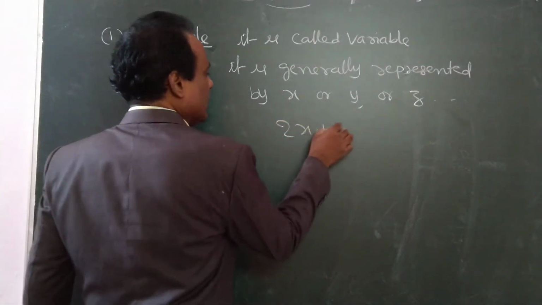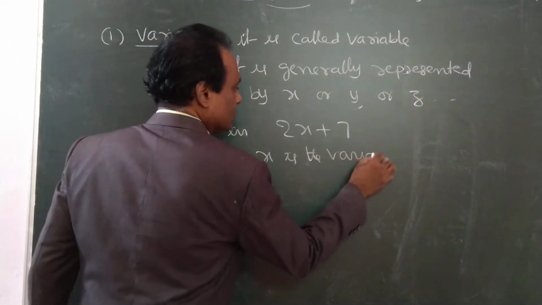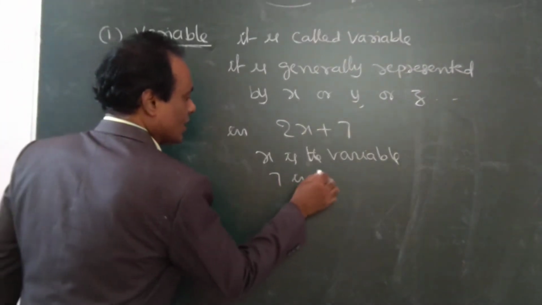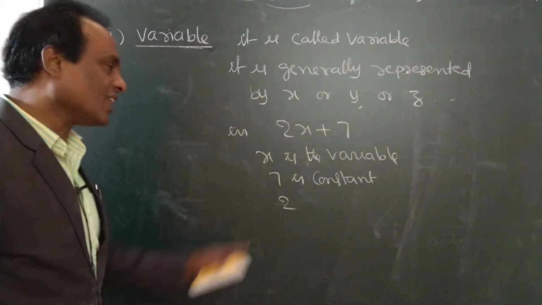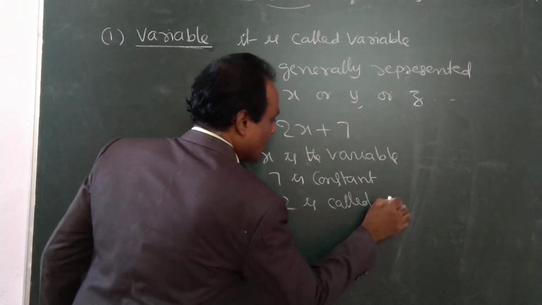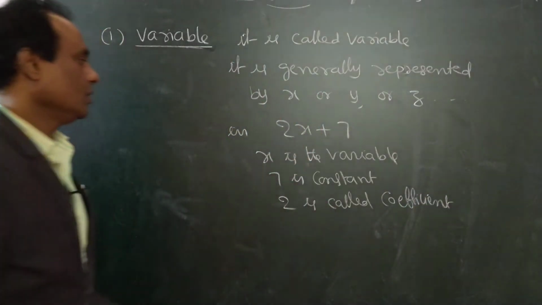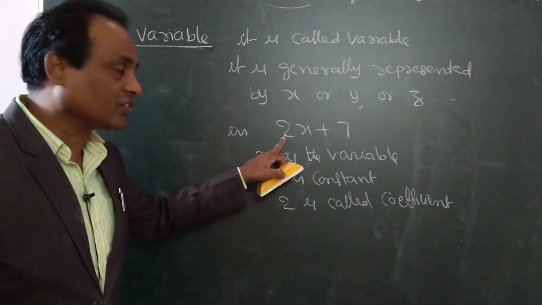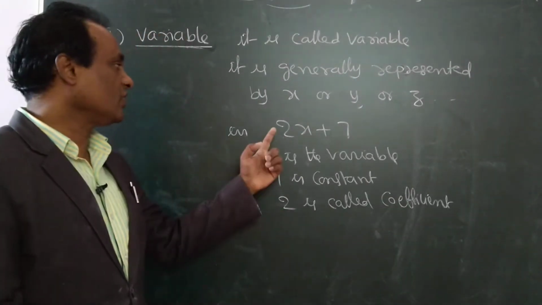Write down this example. In 2x plus 7, x is the variable. In this, what is the variable? x is the variable. 7 is a constant. 2 is also a constant, but we also call it a coefficient. 7 is perfectly a constant; 2 is also a constant, but if it is multiplied with x, then it is also called a coefficient. 2 is a coefficient.